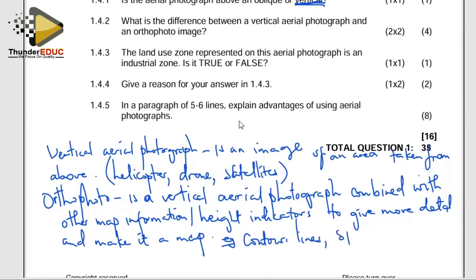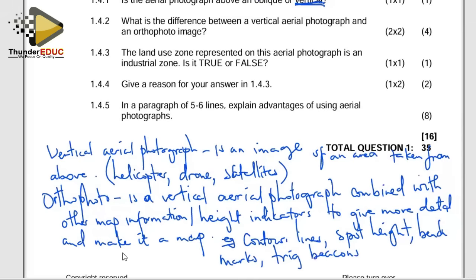We can add also spot heights, the map information that we get from topographic map. We can also add benchmarks. We can also add trig stations or trig beacons to that image.